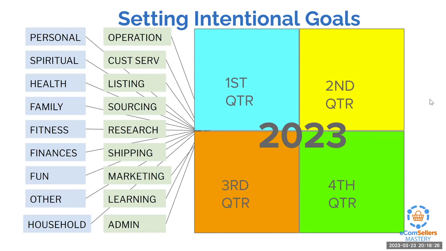And when you're thinking about your goals for your business and for yourself, be intentional. Don't be random. Be specific. I want to create a $10,000 a month revenue e-commerce business. Okay.